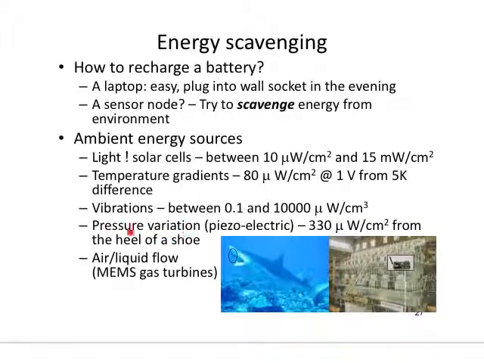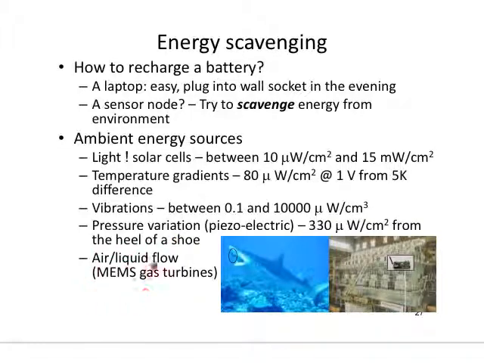So probably the pressure variation that can feed a small LED is not enough to power a sensor with a microcontroller, with a communication transceiver, with a sensor, and so on and so forth. So you need specific pressure variation to power a full sensor.